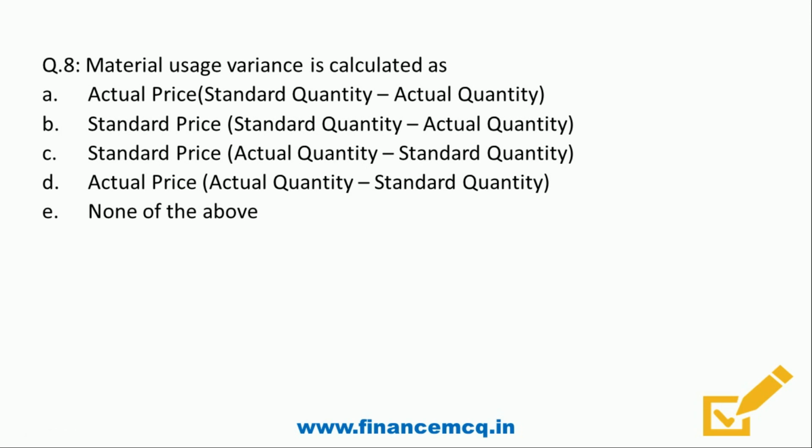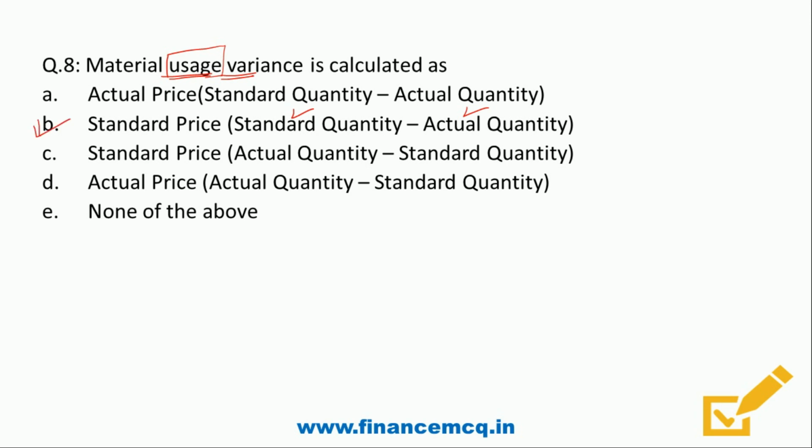So friends, here if you see, the question is asking material usage variance. So how can we calculate usage? It can be calculated if we have standard and actual quantity. So if you see option B, here standard quantity minus actual quantity, and it is to be calculated on the basis of standard price.